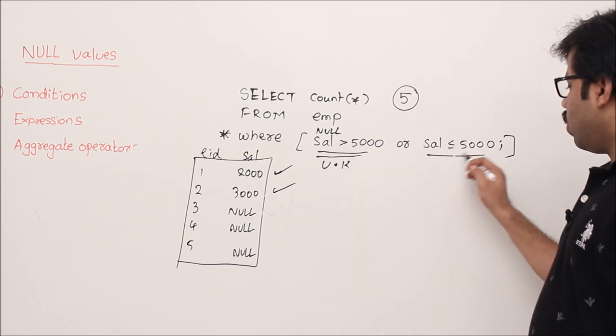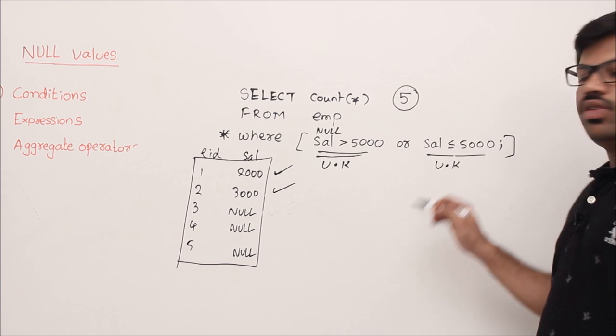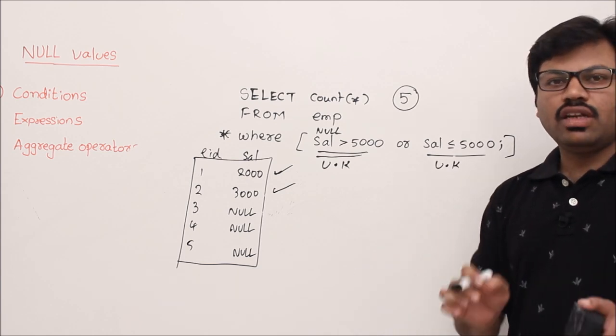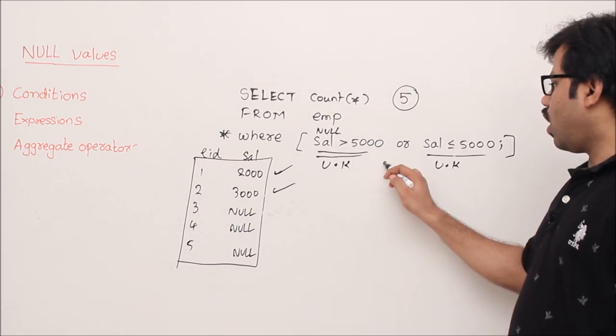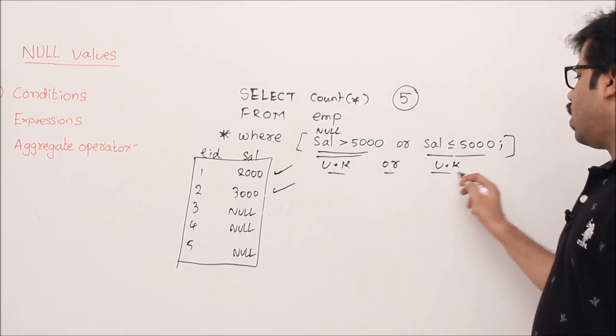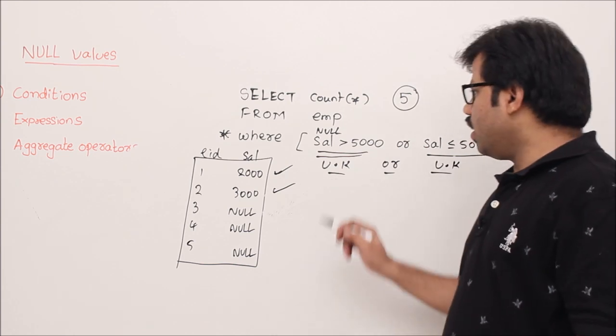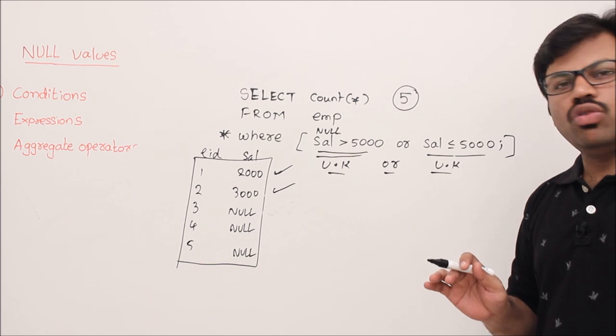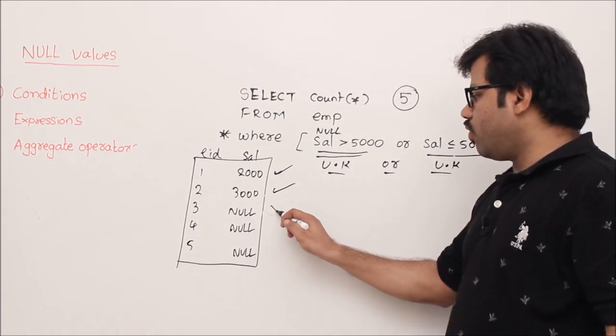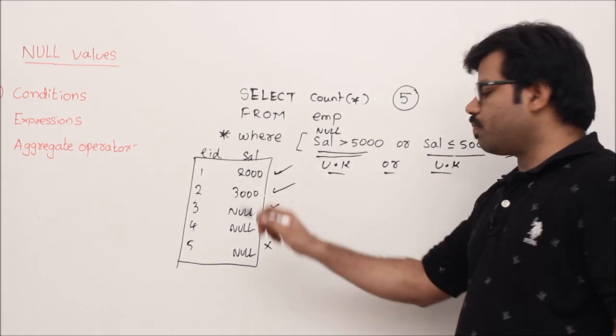Null <= 5000 is also unknown. Remember one thing: null with any relational operator is evaluated to unknown. So unknown or unknown, already I told you, is unknown. So this where is evaluated to unknown, but only if where is evaluated to true do we print the tuple. So this tuple will be rejected, similarly these three also.